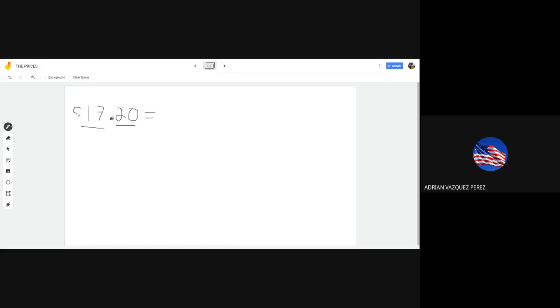I forgot to write down the price sign. Okay, you got it. So the price on this item, or any item with that number, could be 17.20, correct?